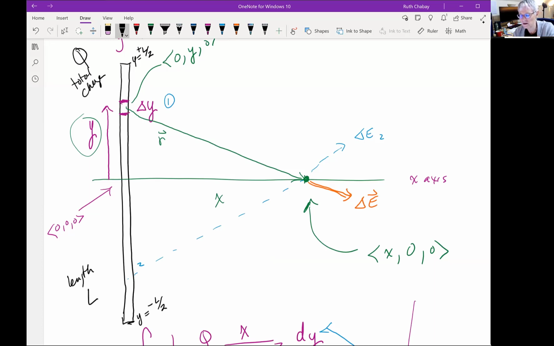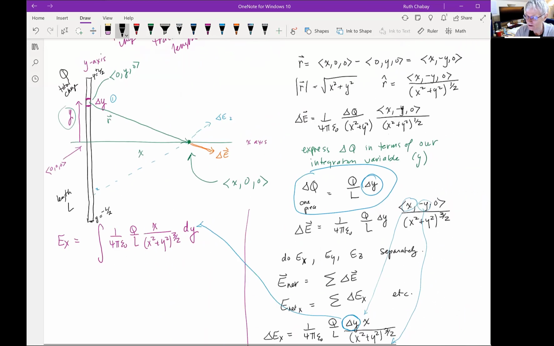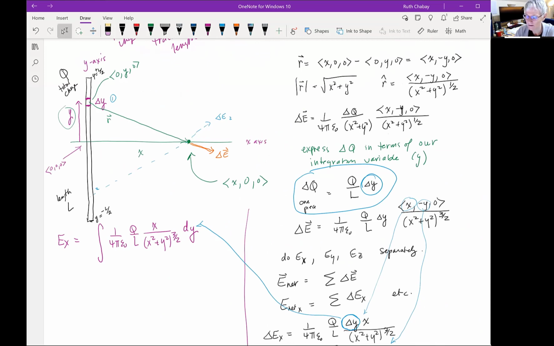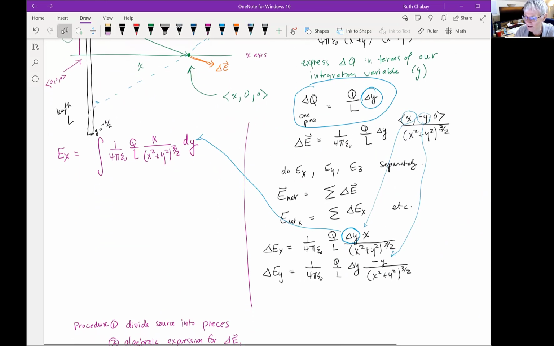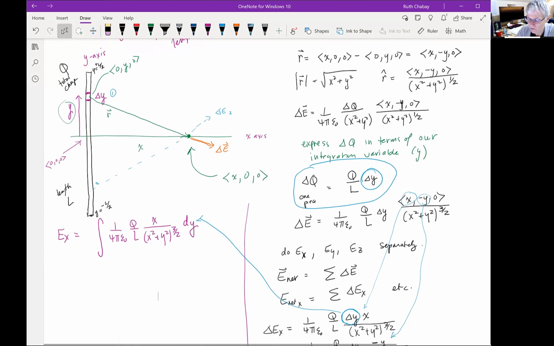Since y is the thing that's varying, it can only have values from negative L over 2 to positive L over 2. And so in fact, the right values for our integration limits are indeed negative L over 2 to L over 2.